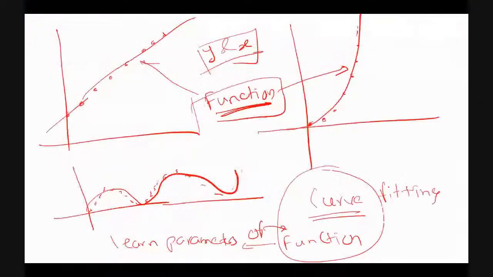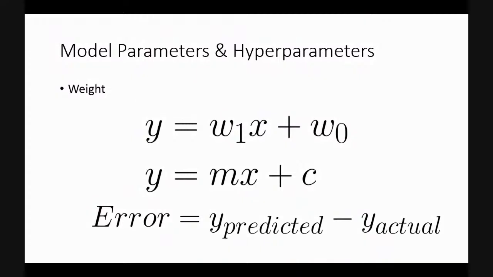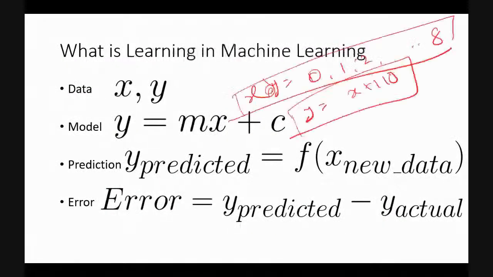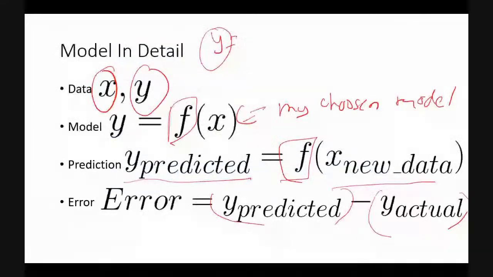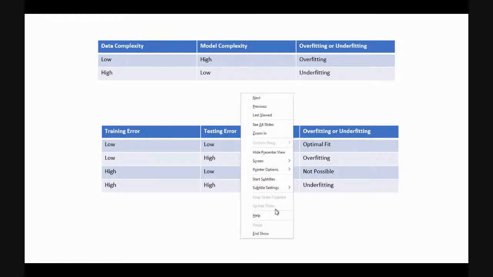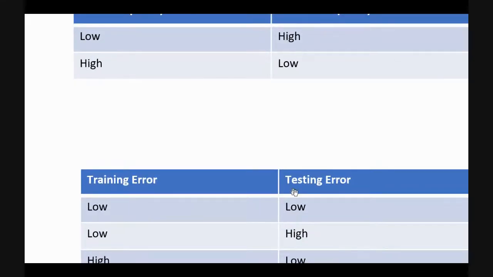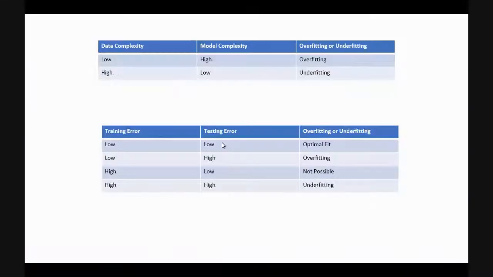So for example, if I go to the slide deck for this, which is not here, I think it's one slide back. Yeah, here. So you see, whenever data is complex, we have to match the complexity of the data with the complexity of the model.